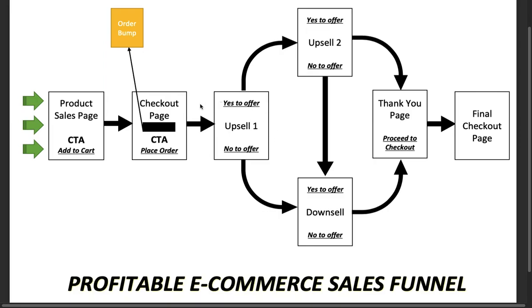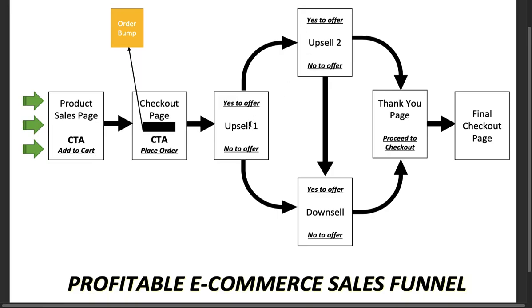So rather than just ending it at the checkout page and at the order bump offer, you can still proceed to set up an upsell funnel where you introduce them to another offer which is a bit expensive compared to the initial purchase, and from there you can further go to introduce them to a bit more expensive offer which I call upsell 2.